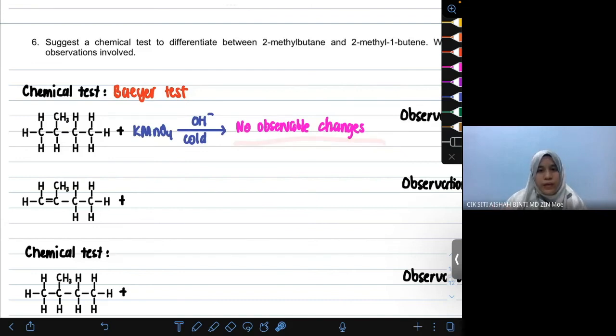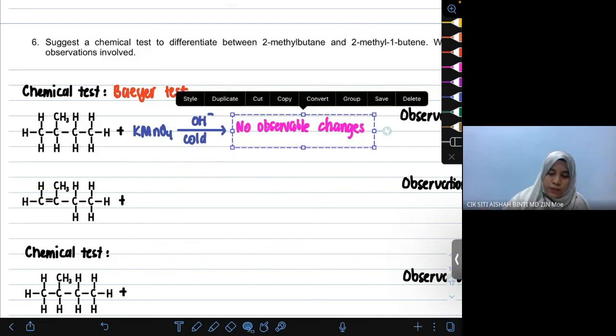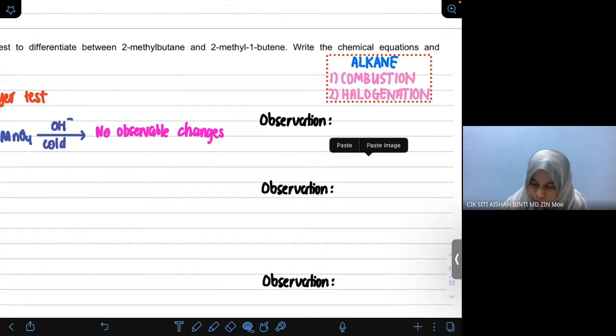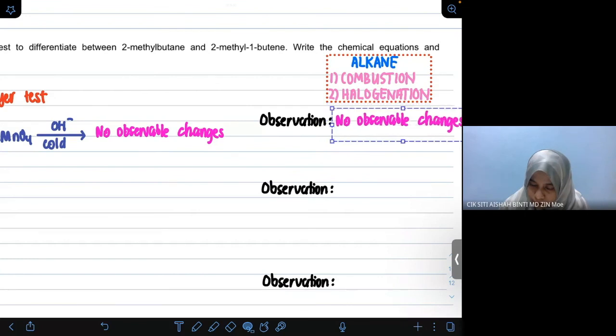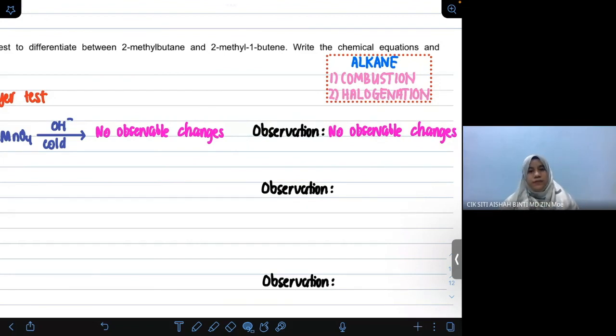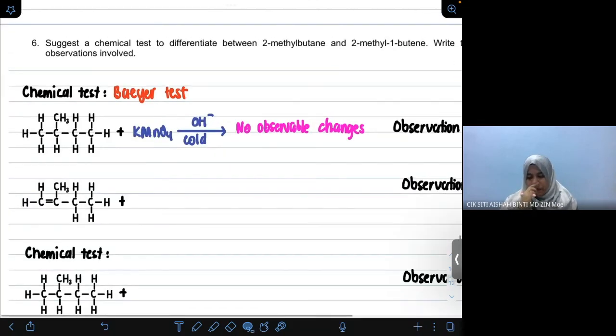The question did ask for the observation as well. So for the observation it is the same: no observable changes. Okay, so easy, the alkane reaction. Again, this is only applicable for alkene.